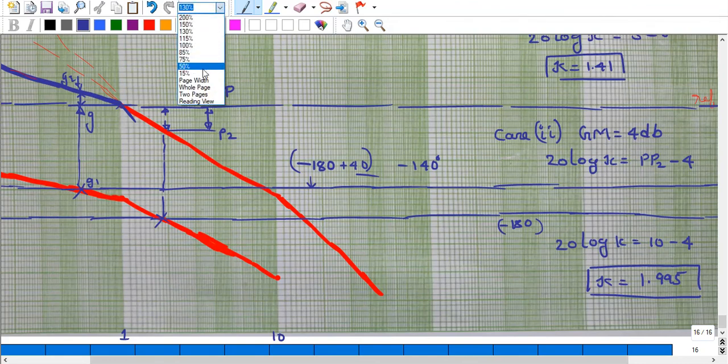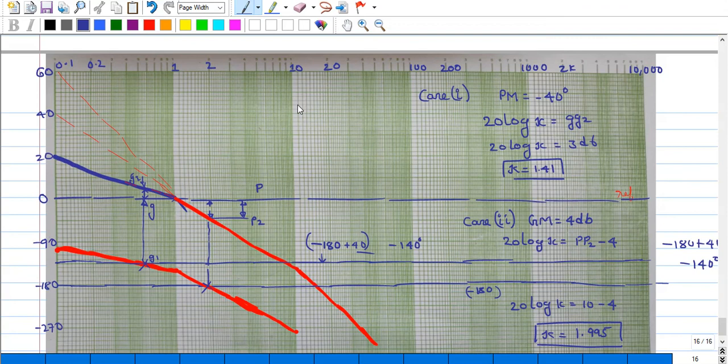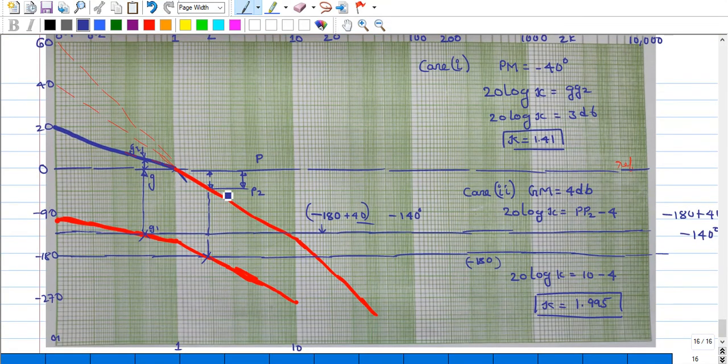So let me tell you again, need not confuse. Yeah, see, the first construction is our phase angle plot will intersect the minus 140, mark that and measure that. This particular distance will give us the gain margin.